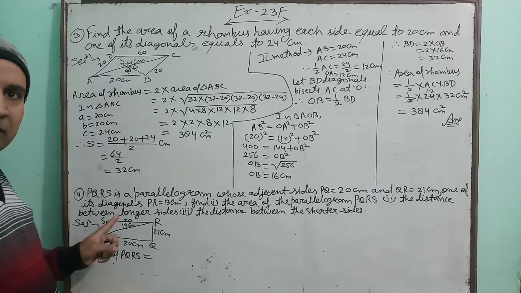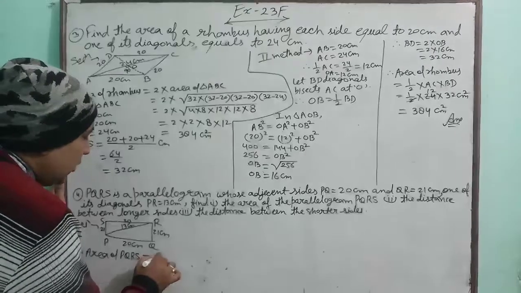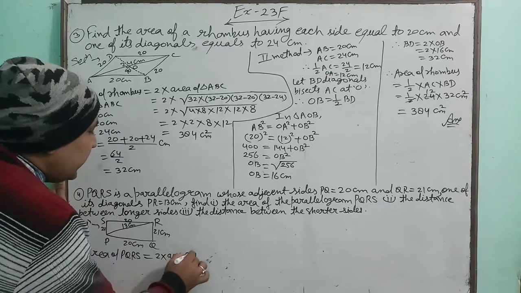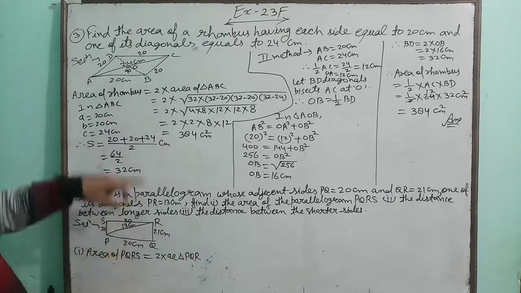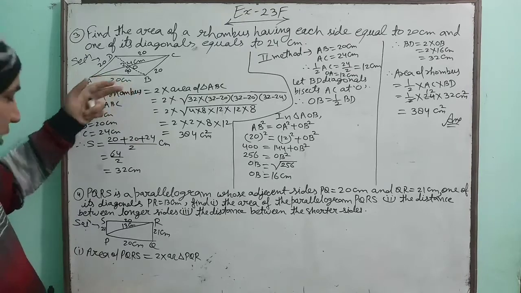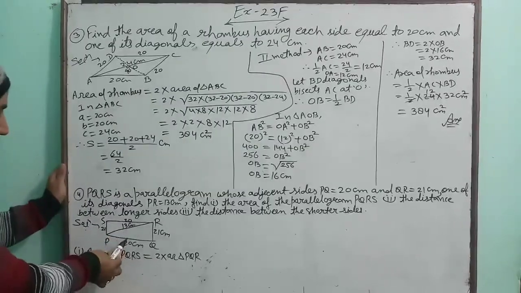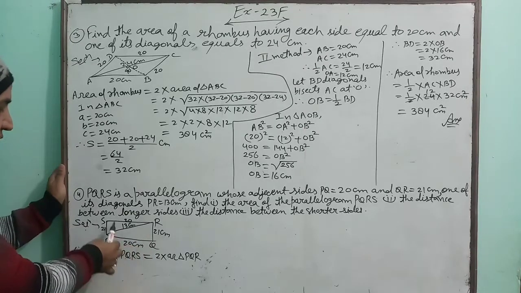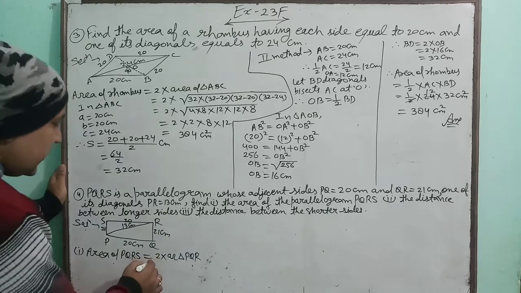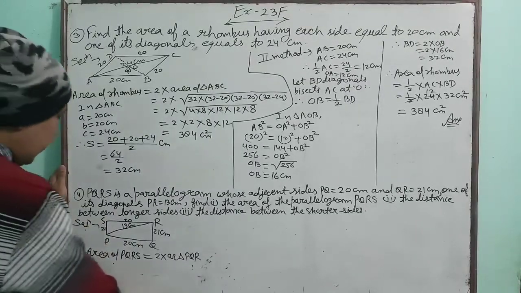Both the triangles are congruent. It means 2 into area of triangle PQR. This method we have done here also. The same method can be applied here also, because the sides are same, so triangle area will also be same. Understood? So see how to do. First find the area of triangle PQR.